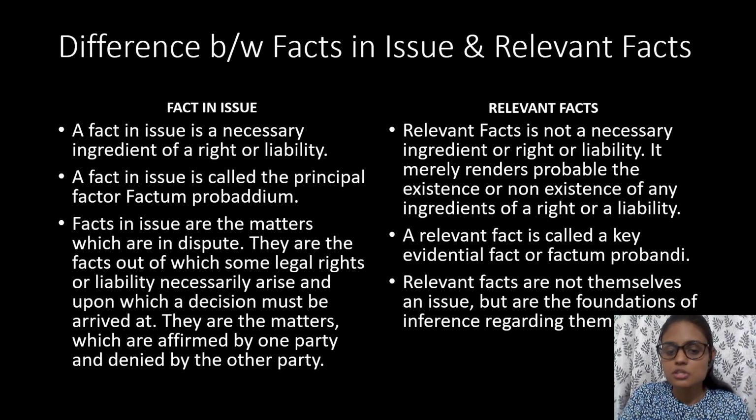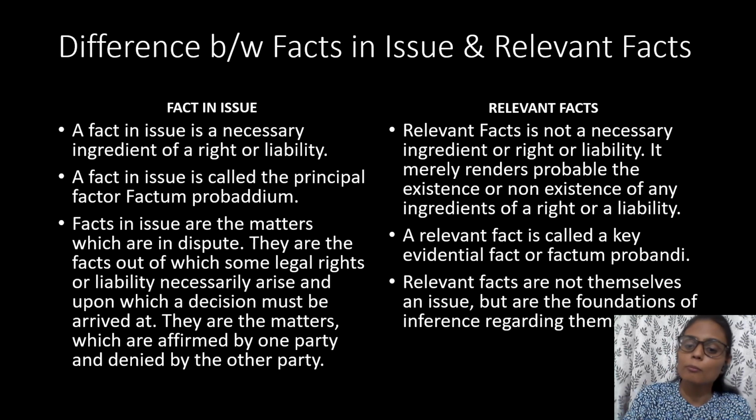A relevant fact is a key evidential fact, or factum probans. Key evidential facts include the murder weapon; in the case of robbery, all the arms the robbers were carrying; the CCTV footage.